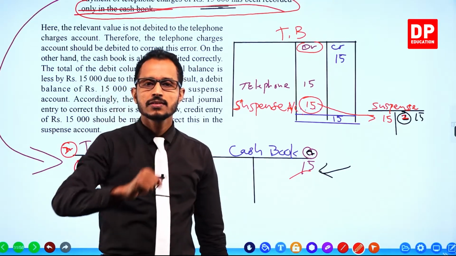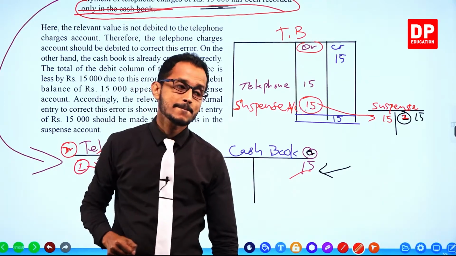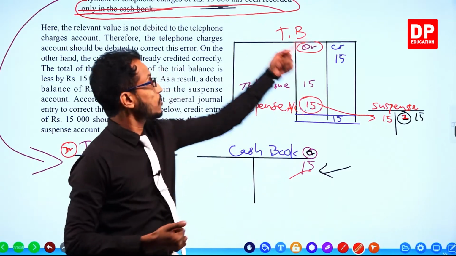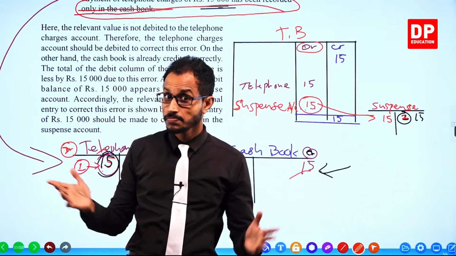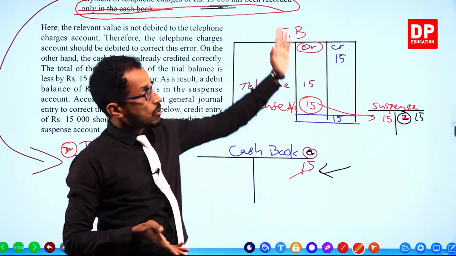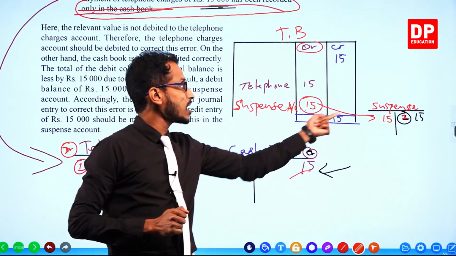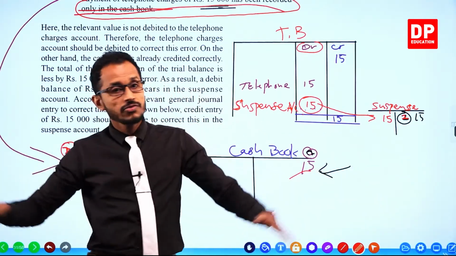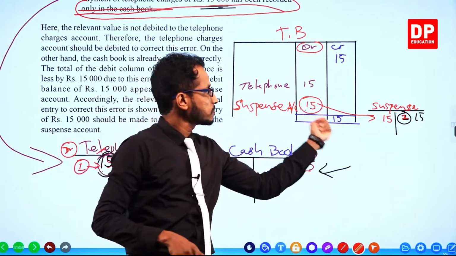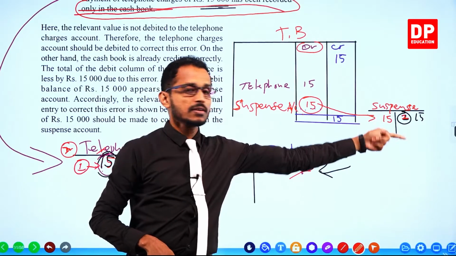You must have one entry going to the suspense account when you correct these type of errors which affect the trial balance, because those errors have created the difference in the trial balance, and the difference is transferred to the suspense account, and when the difference is corrected, this also must be ruled off.